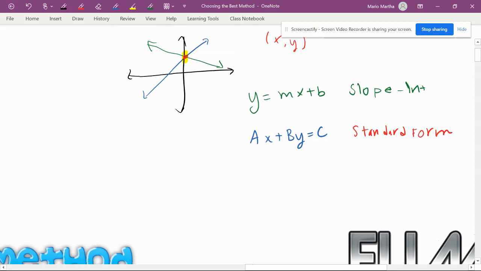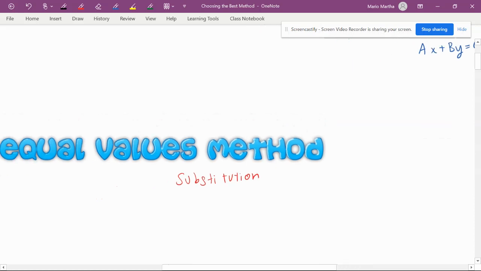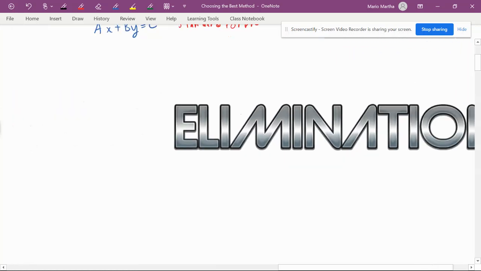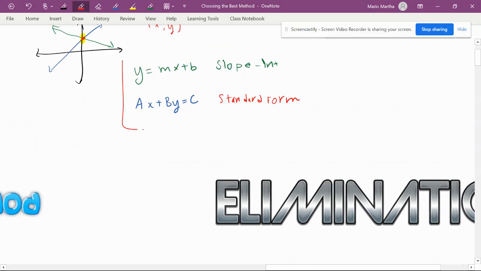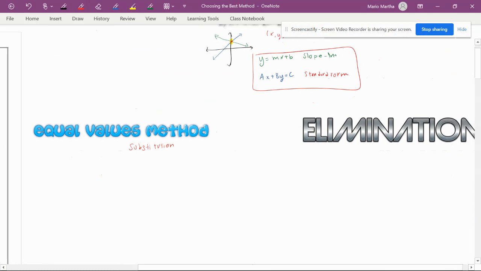So once we use both of these methods, equal values and elimination, as long as we can identify which form it is, we can use the quickest route.